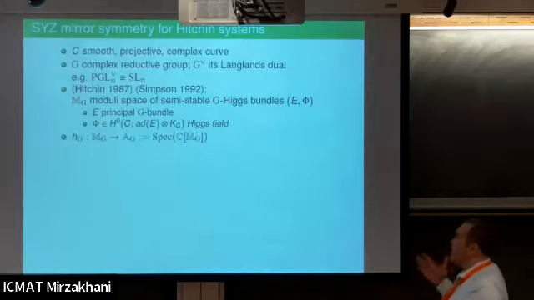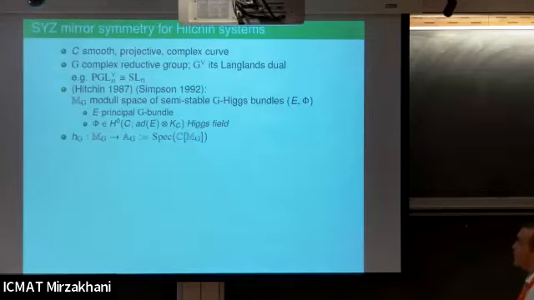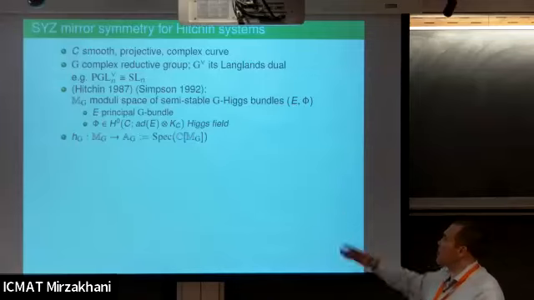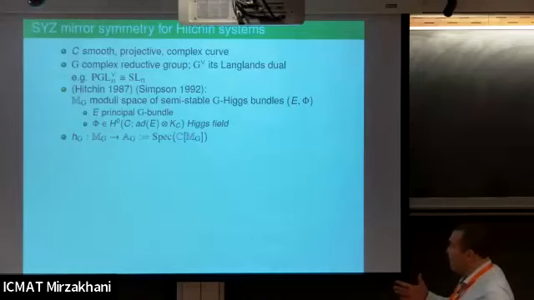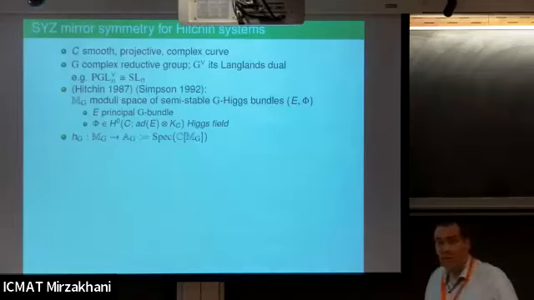Okay, and then the major player, of course, is the Hitchin integrable system, which you can very quickly, abstractly, say that the map itself is nothing else but the affinization of the total space. That is, you take all the algebraic functions on the Higgs moduli space, and it turns out to be finitely generated.